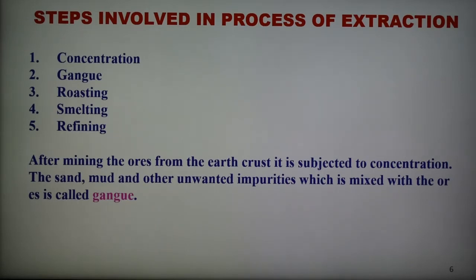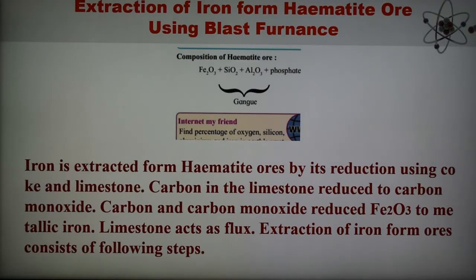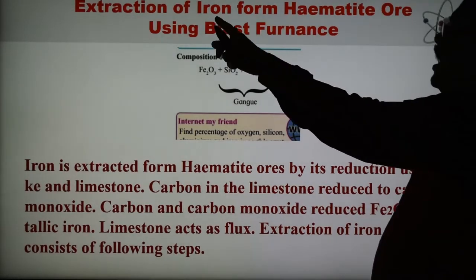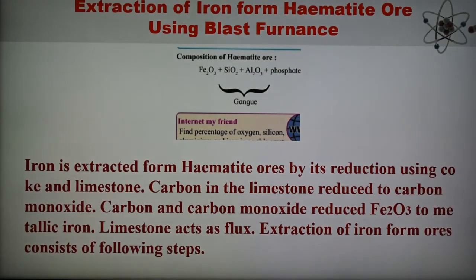And here now after this we are going to see the important part of this, the extraction of metal, and one example is given here, that extraction of iron from the hematite ore using blast furnace. So this is the one process, and here metallurgy process we have to use, and in this case iron metal we have to extract from the ore.